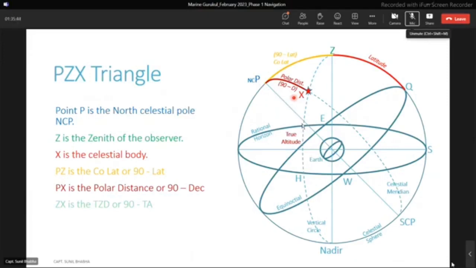From the star to the equinoctial, yes, along the celestial meridian, not along the vertical circle. So the declination definition is basically the arc of the celestial meridian contained between the equinoctial and the center of the body. That is what declination is.